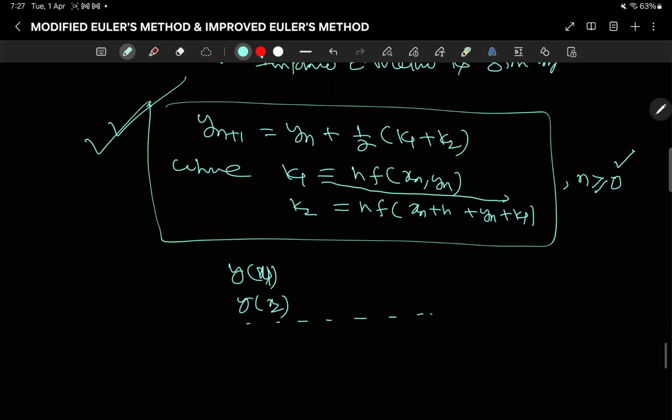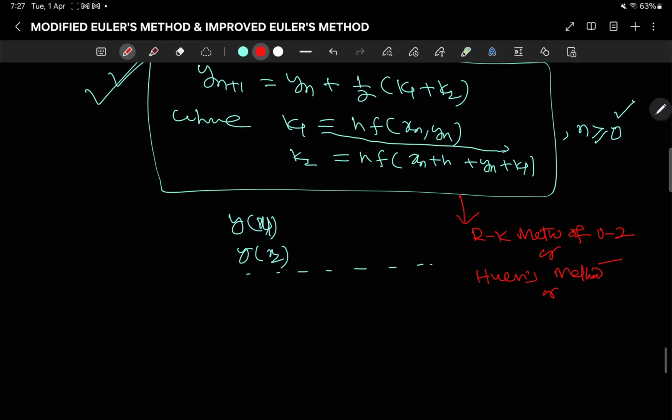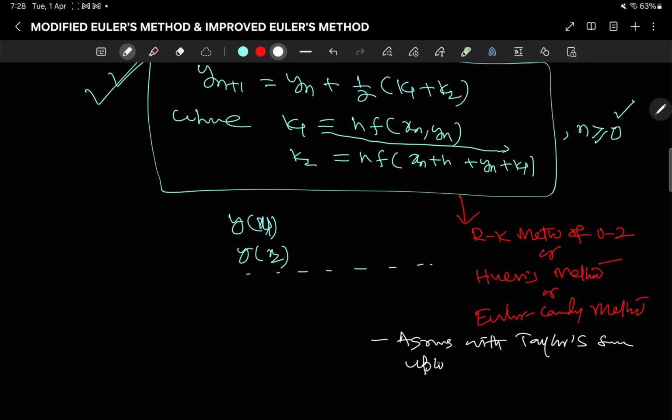This formula is also otherwise called the RK method, Runge-Kutta method of order 2. It is also called Huygens method, developed by Huygens, or the Euler-Cauchy method, and it also agrees with the Taylor series up to h square.